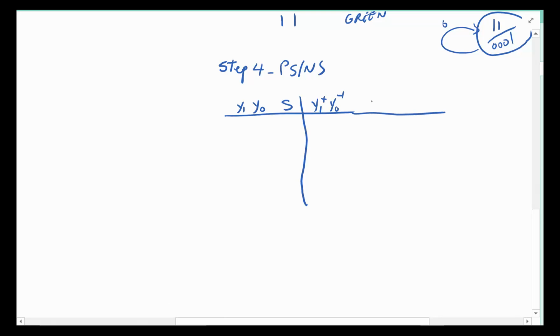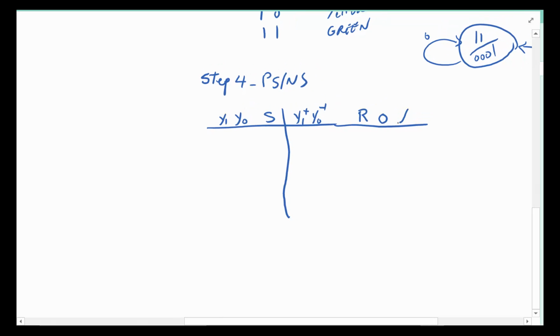And then, of course, we've got the whole output business, which is red, orange, yellow, and green. We have to make sure we put them in the right order, otherwise it's going to be really confusing. Just to be safe, this is external input once again, and external output once again.